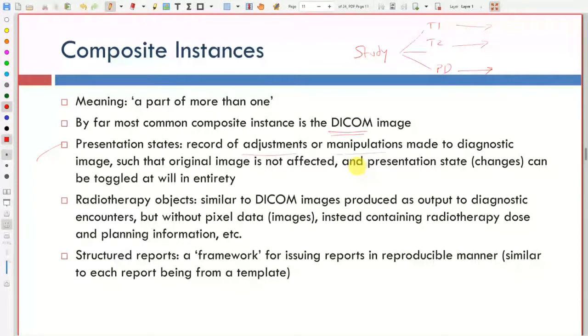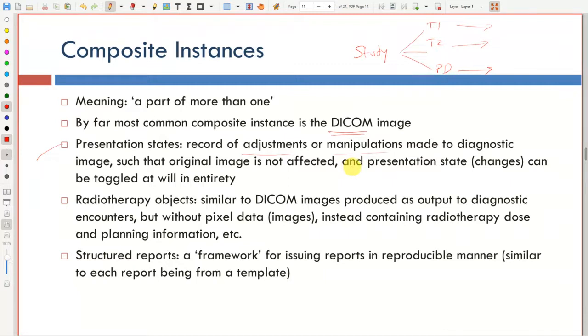And whenever the doctor needs to see that magnified image again, you get the original data and apply that operation again, so that he can see it the way he likes it. Okay, but actually the original data is not affected, because you can go from the original data to the manipulated data, but not necessarily the other way around.